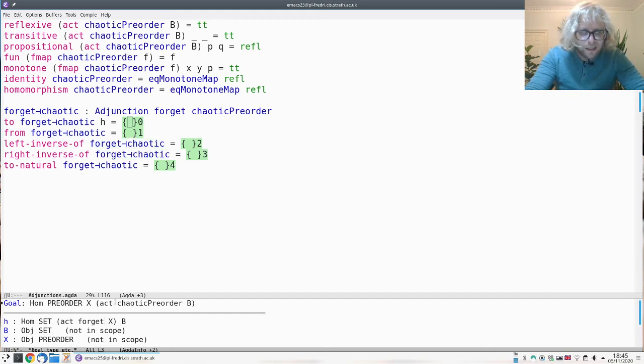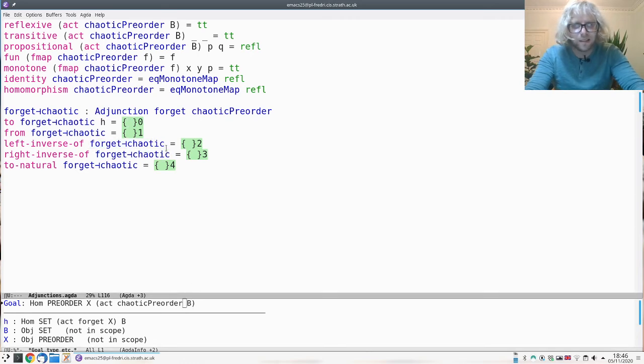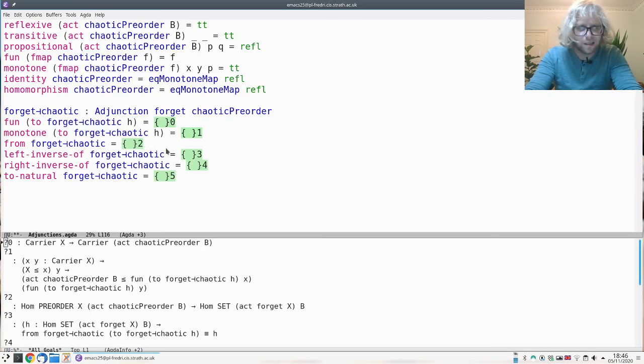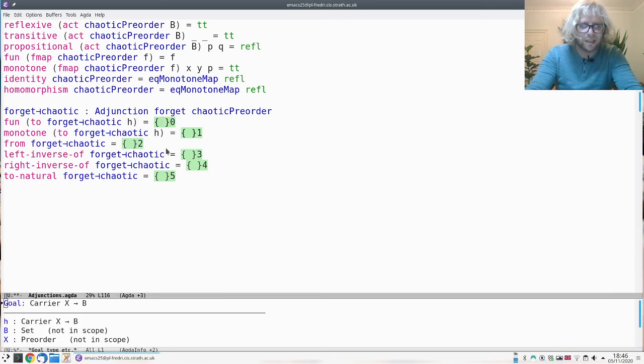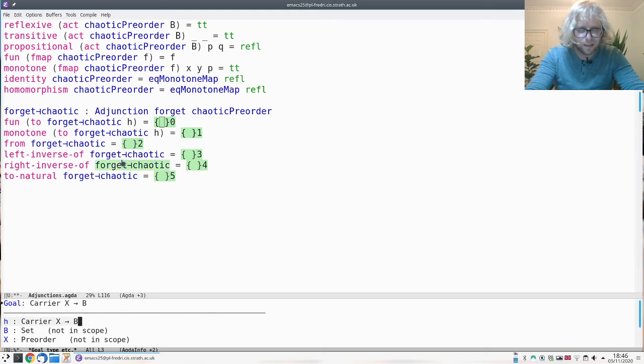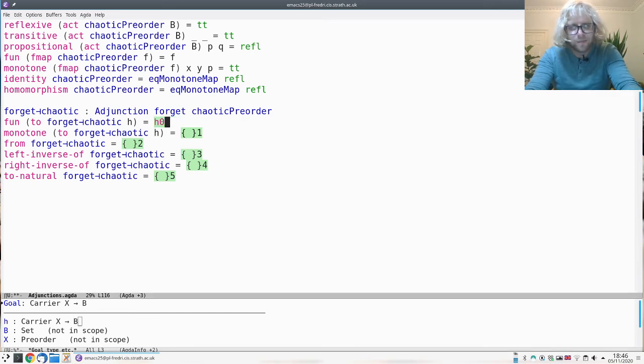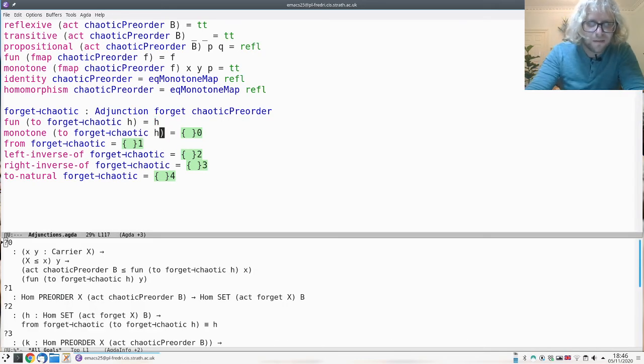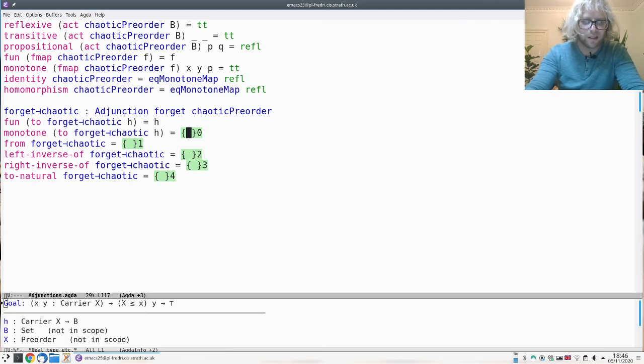And I have to make a preordered morphism, so a monotone map from x to the chaotic thing at b. Right. Okay, so that means I have to give an underlying function and the proof that it's monotone. So for the underlying function, I made sure I have exactly what I wanted, because I had a choice of making this b or something else, right? And I made my life easy for myself. And now I have to show that it's monotone.